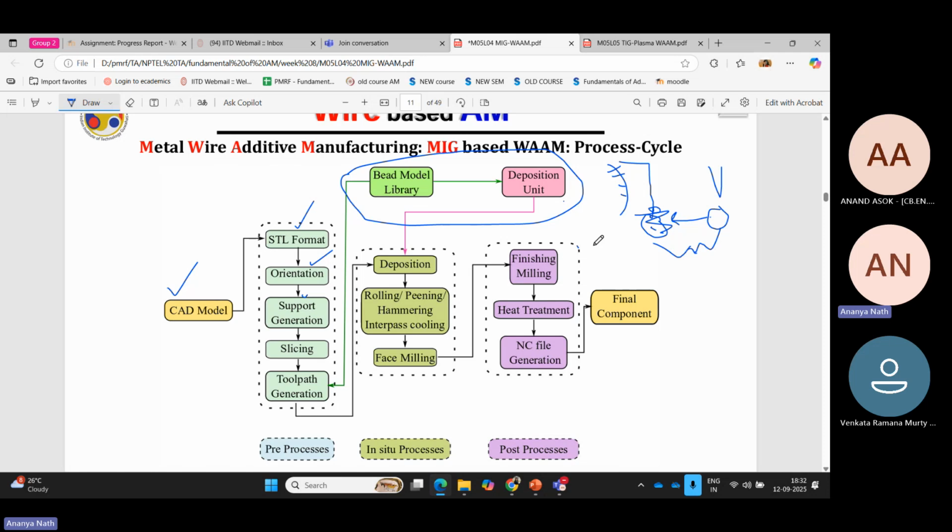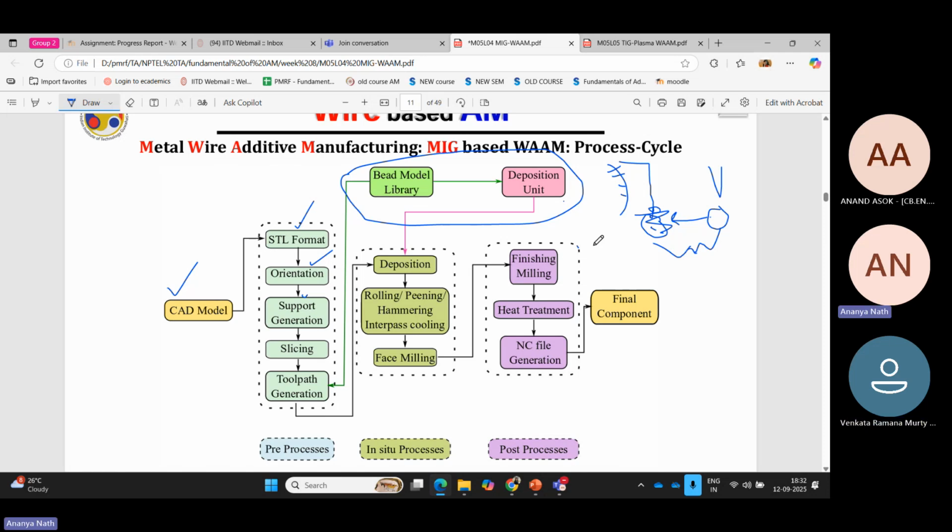Even in some cases, subtractive manufacturing like face milling can actually decrease the residual stress, because it puts some pressure at the time of milling, which can relieve some of the residual stress. It can do vice versa also and increase the residual stress, but this is also one possibility.